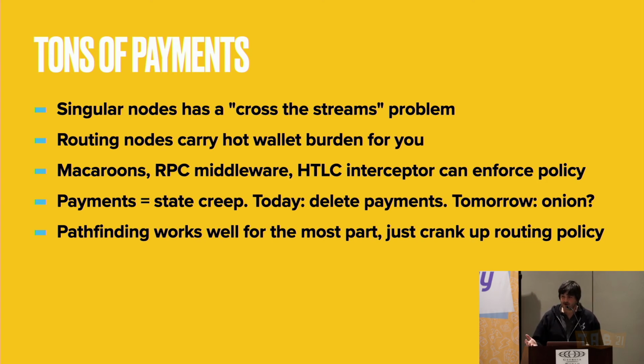This node isn't working well for me. This channel isn't working well for me. And I'm going to start to ignore possible pathways because it's just not worth it to me to try. This node already returned 30 failures. Am I going to give them the 31st chance? Maybe not.